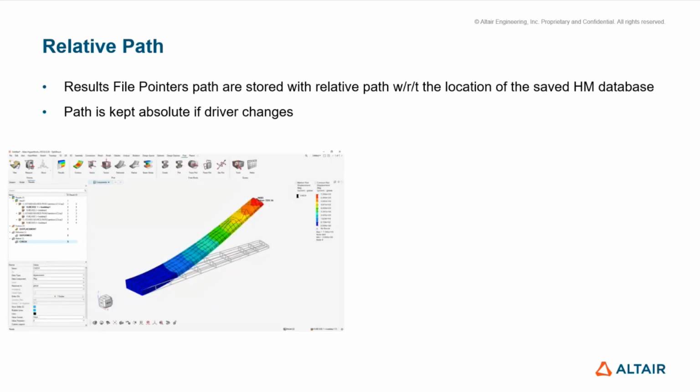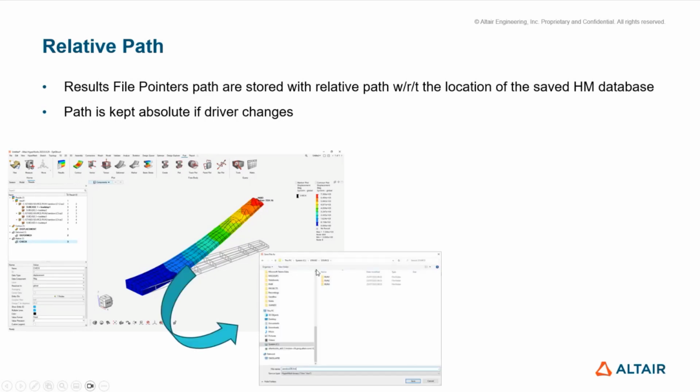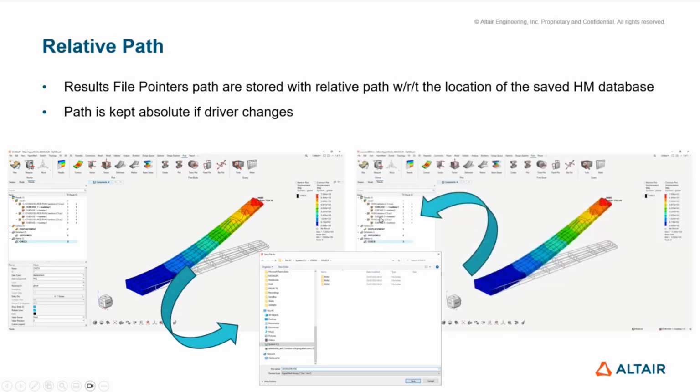So how does it look? You may have your HyperMesh session with the results resources pointed. When you import them, you can still see the path as absolute to the location where your session is. Then when you save the HyperMesh database into any drive, at that point the location is automatically updated to be local to where the HyperMesh database is stored.